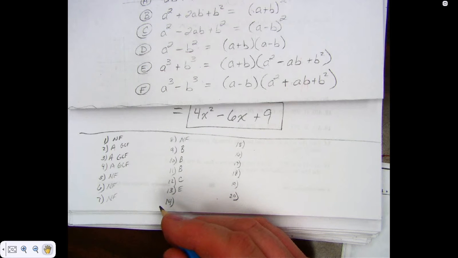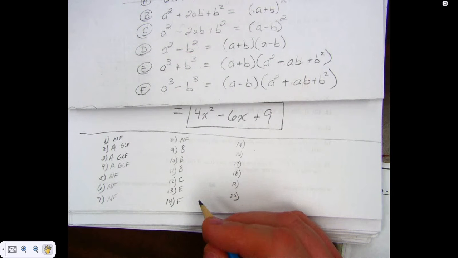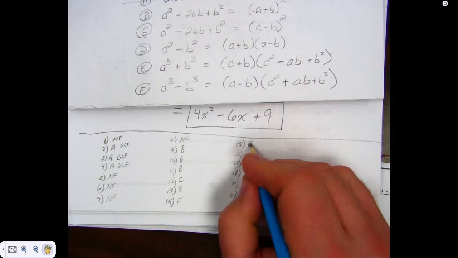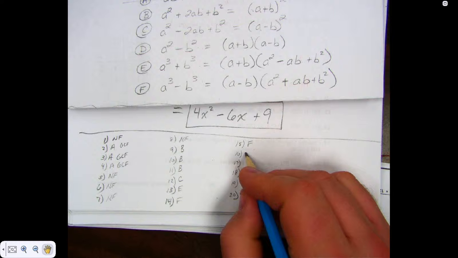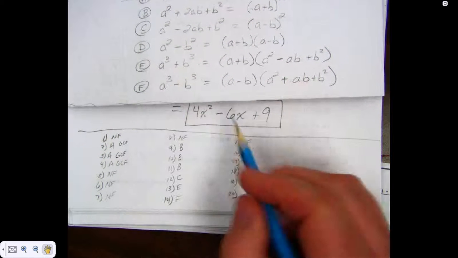Number 14. F. It's something to the third minus something to the third. Number 15. Number 16. Which one's it like? E?